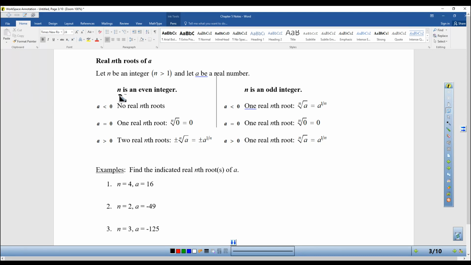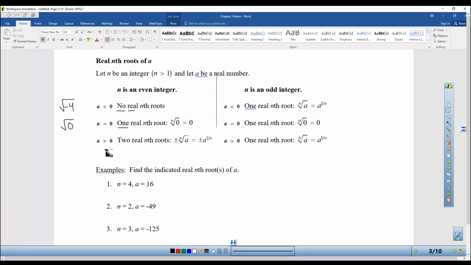If n is an even integer, then if a is a negative number, so for example, if you're doing the square root, which means I don't have to write the little 2, of a negative number, we know that produces an i. There are no real roots. If a is just 0, then there's exactly one real root, because no matter what it is, whether it's a squared or a 4, the square root of 0 is 0.